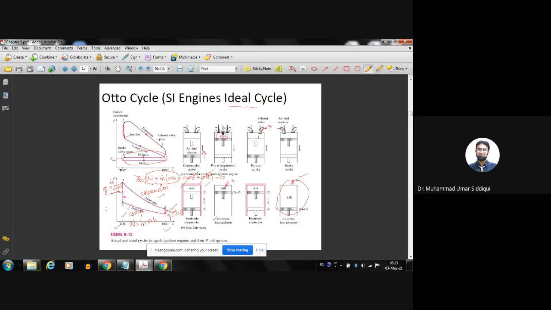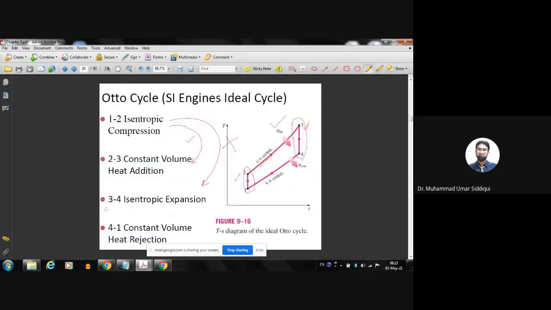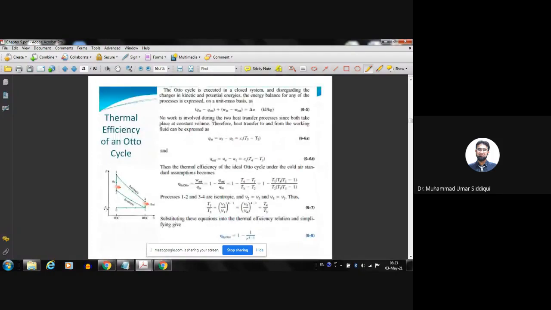Suppose you are considering the constant specific heat conditions. For these conditions, if we just know the compression ratio R, that would be enough to determine the efficiency of an Otto cycle.